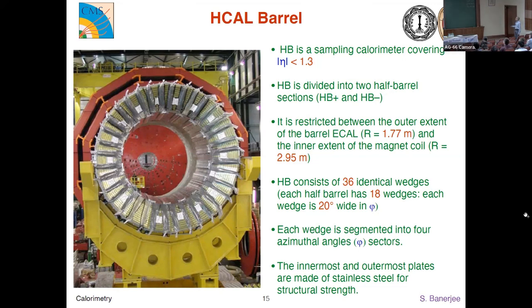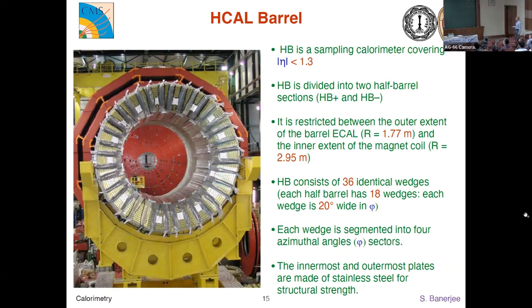It is restricted on one side by the ECAL, both barrel and endcap, and the outer side is restricted by the magnet coil, which has a radius of 2.95 meters. Within that, whatever absorbers you can put in can absorb a certain fraction of the hadron shower, not the entire one.